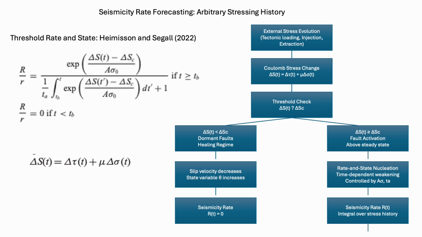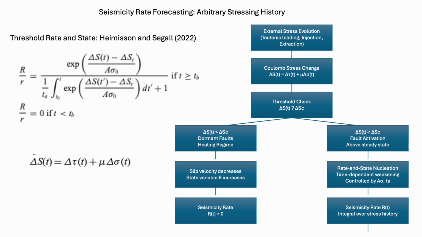Over here, delta S is equal to delta tau plus mu delta sigma. Delta S sub C is the threshold Coulomb failure stress, and a fault has to cross this threshold to fail. That was the idea proposed by Heimisson and Segall.